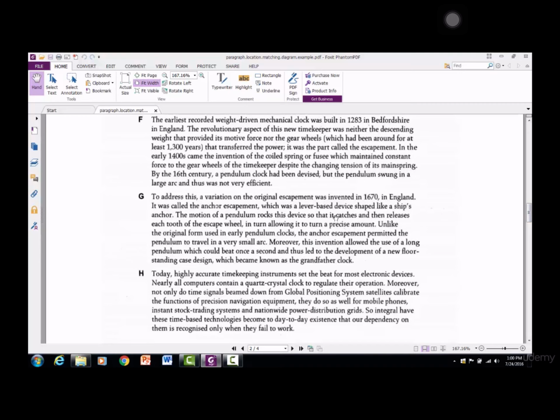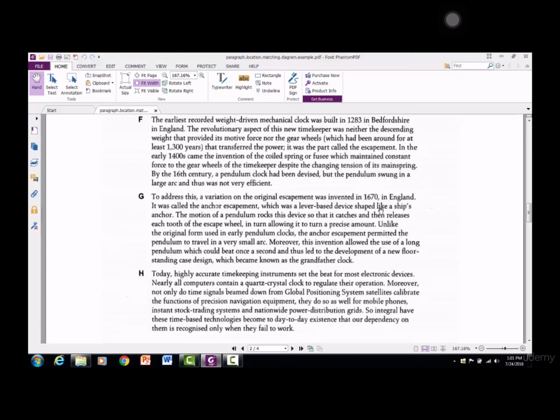All right. So first, I'm looking for the first one, something with just like the word resemble. It was called the anchor escapement, which was a lever-based device shaped like a ship's anchor. Oh, there we go.